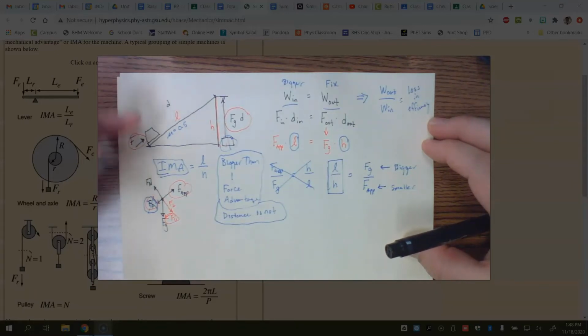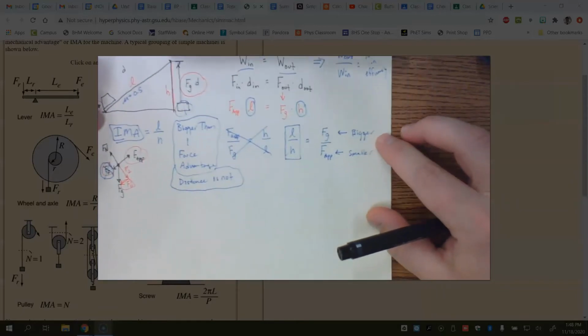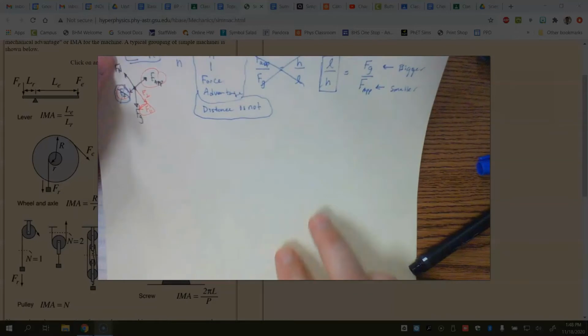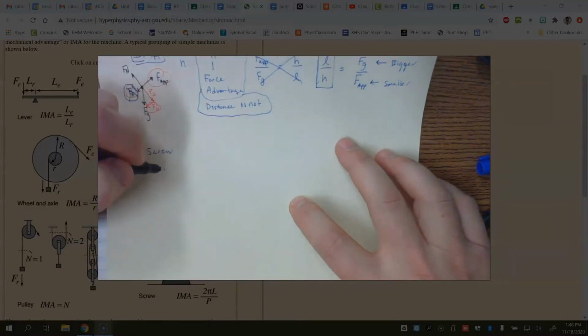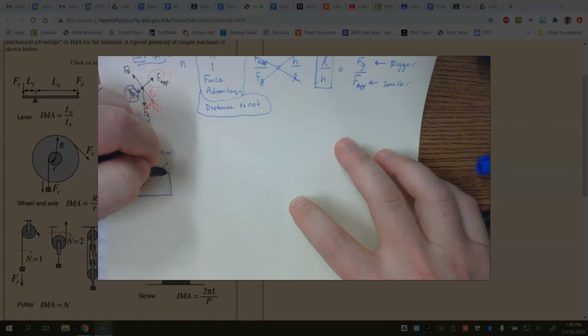Now, to keep along the same line as what we're looking at here with the incline, I want to look at two others that are very similar to this. Okay, the two that we're looking at would be our screw, which when we think about how a screw is formed, it's like taking an inclined plane and turning it around like a spiral staircase.